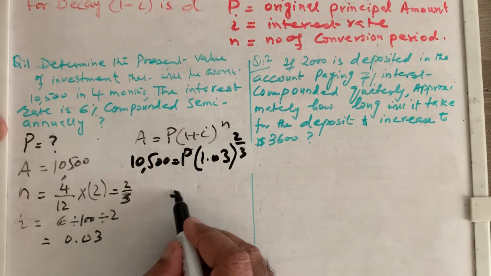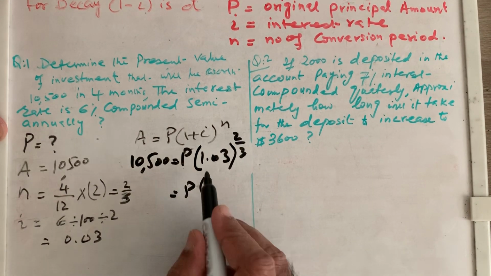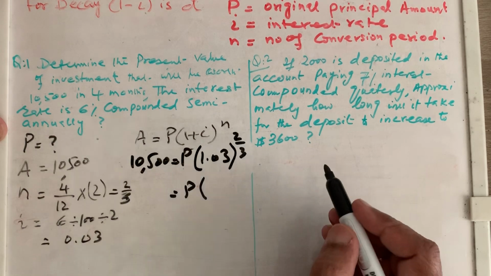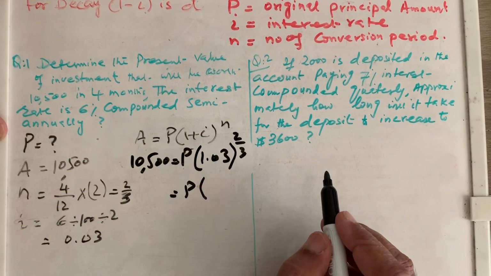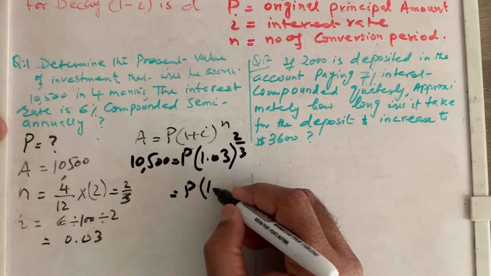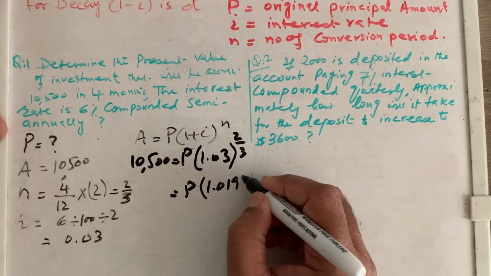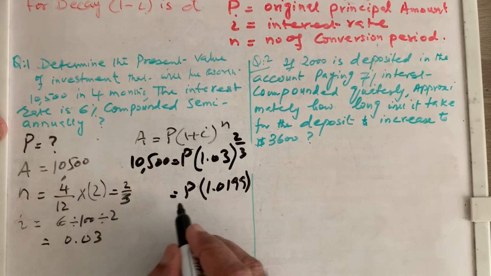If you substitute 1.03 to the power 2/3 in the calculator, you will get 1.0199. The rest is done by the calculator, right?